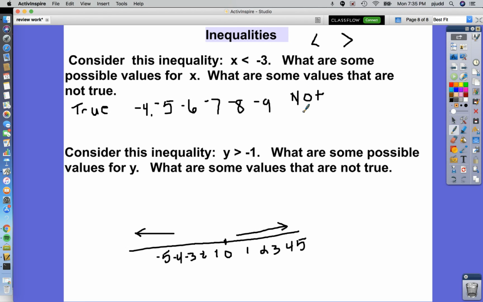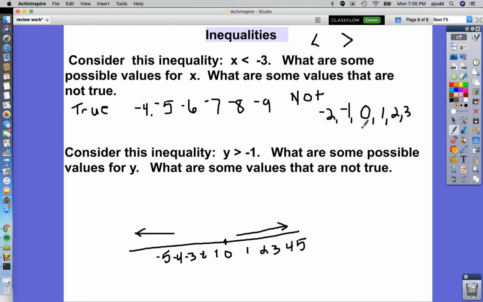Well, what's not true? Well, if I go to the right, -2 is not less than -3. -1 is not less than -3. 0 is not less than -3. And all of my positive numbers are not less than -3. Put commas in between here. So these are numbers that will make this statement true.